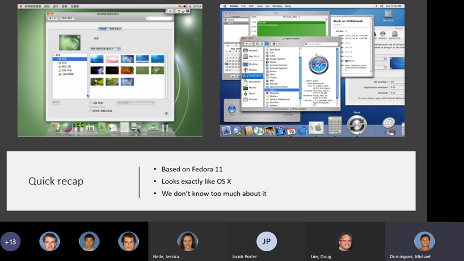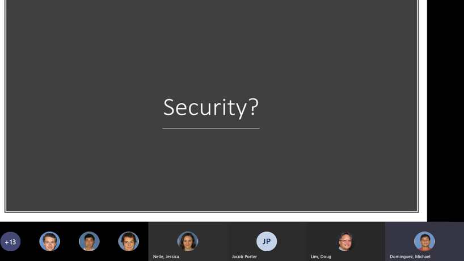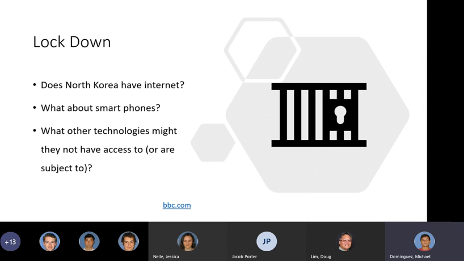We still don't know much about it, even though we have pictures and we've been able to download it and use it. I personally have not used it or downloaded it.